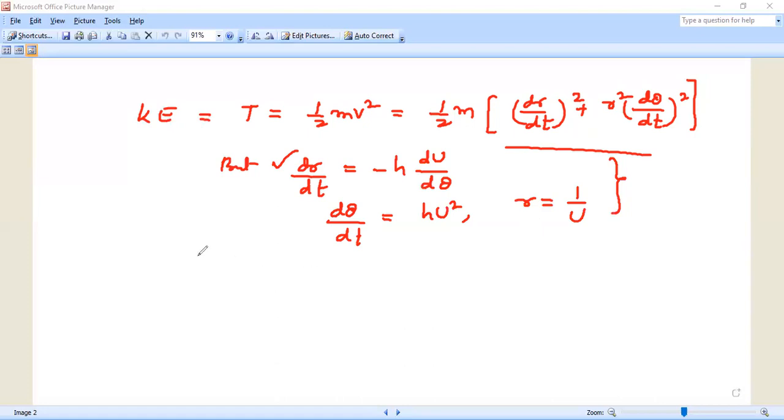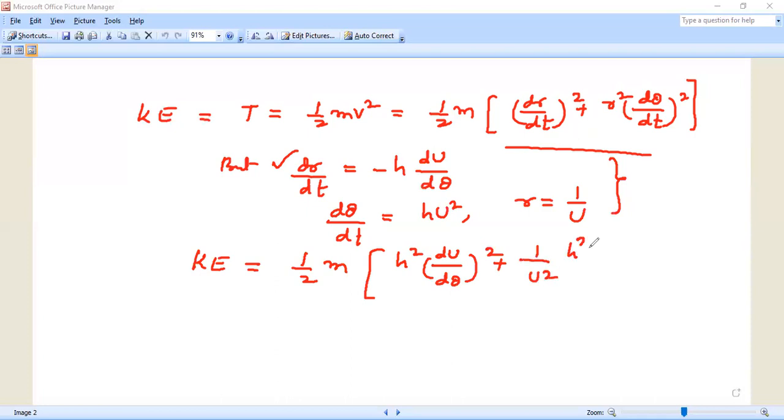If we substitute these values in the above equation, kinetic energy is equal to half m times (dr by dt) whole square, which is h square (du by d theta) whole square, plus r square, which is 1 by u square, times (d theta by dt) whole square, which is h square u power 4.